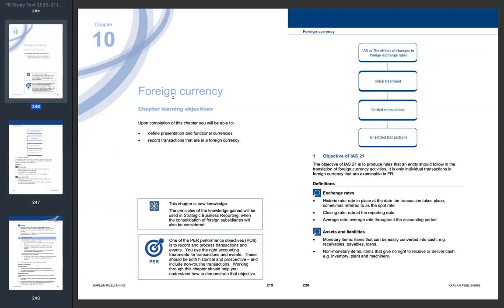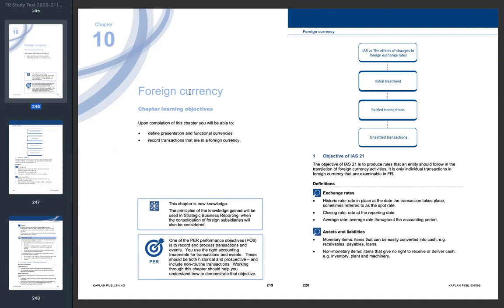In case of foreign currency, the basic understanding is of exchange rates. When we are trading with foreign countries, we are going to have a problem of exchange rates, right? For example, if I'm purchasing a commodity from the US on credit, and today the exchange rate is 70 rupees for $1, and I'm going to be paying after 3 months.